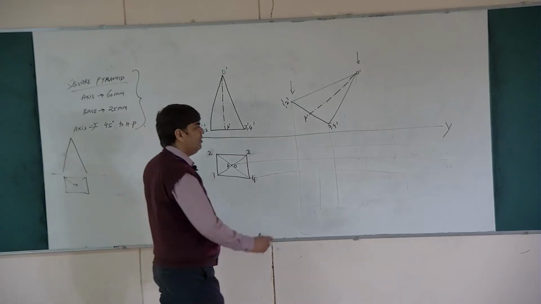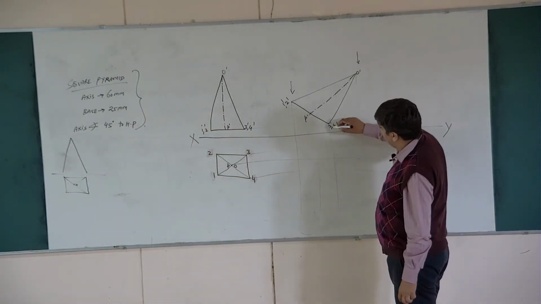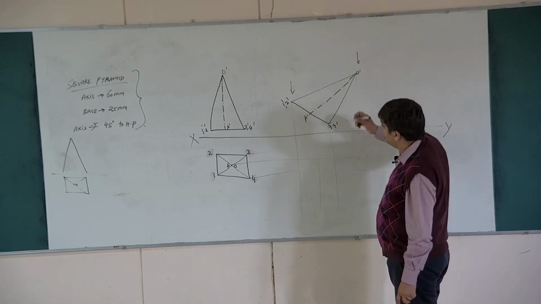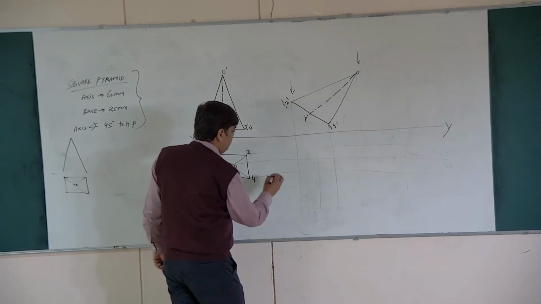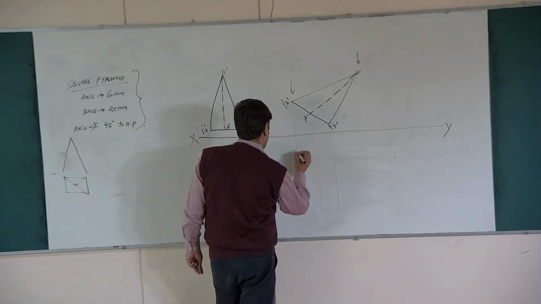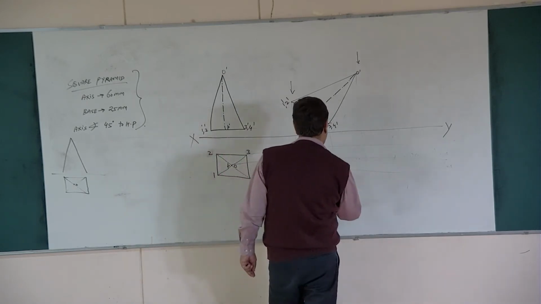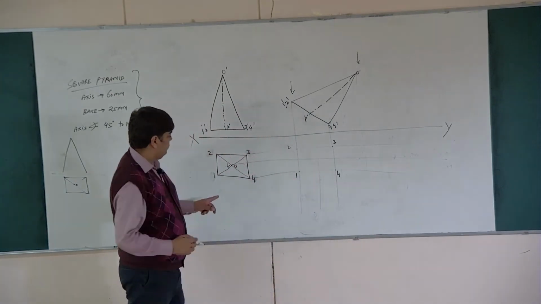Otherwise the logic says that based on its closeness from XY, either it will be continuous or hidden. So first of all, let us locate the points 1 and 4. This will be your 1, this will be your 2, this will be your 4, and this will be your 3.